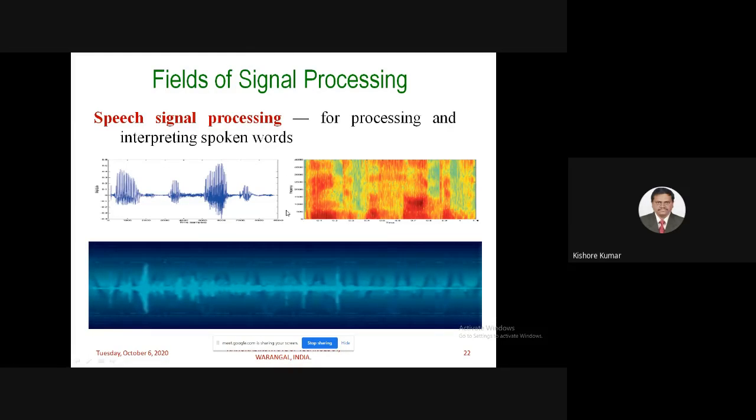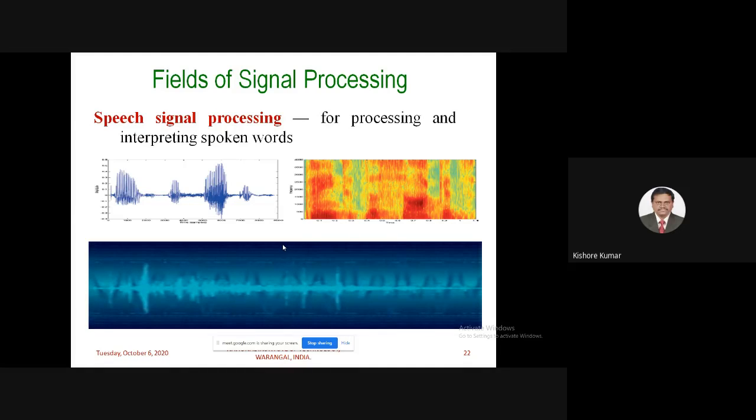In speech signal processing, we have speech production, speech analysis, speech synthesis, speech enhancement, speech recognition, speaker recognition, and speech coding. All these areas come under speech signal processing.